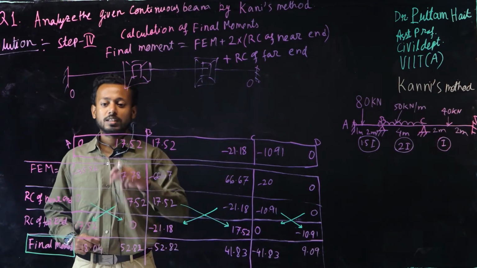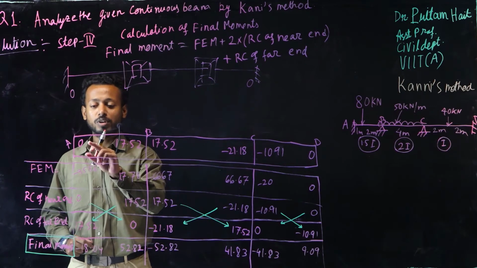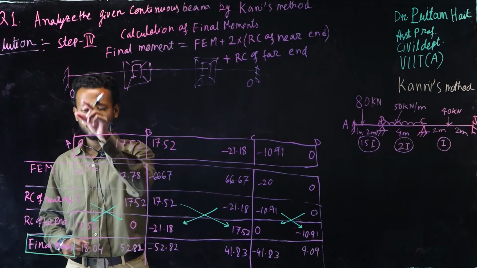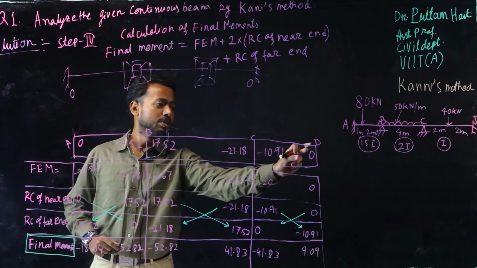So finally, you have calculated the rotation contribution at A, obviously it will be 0, and obviously at D it will be 0.